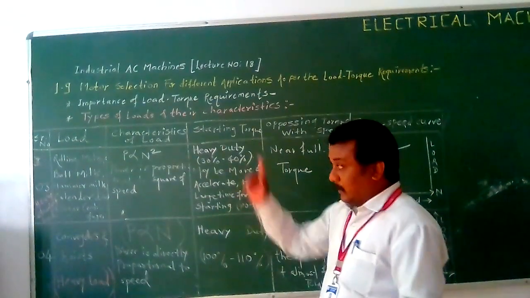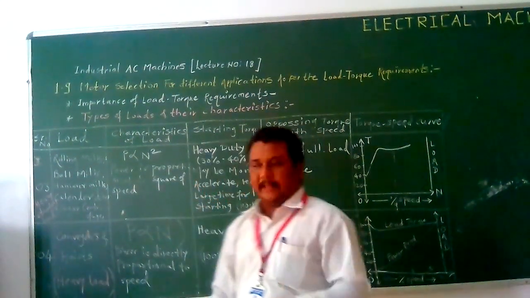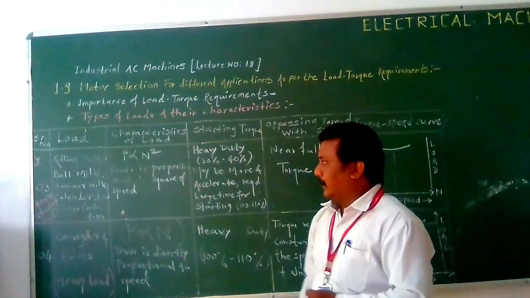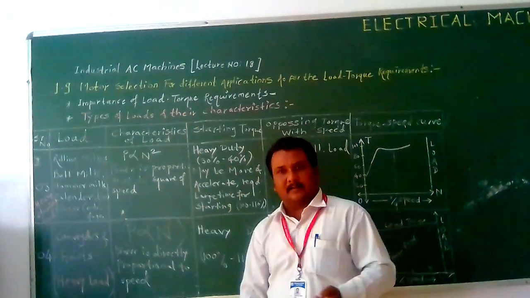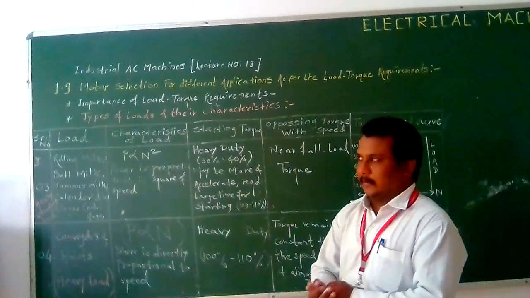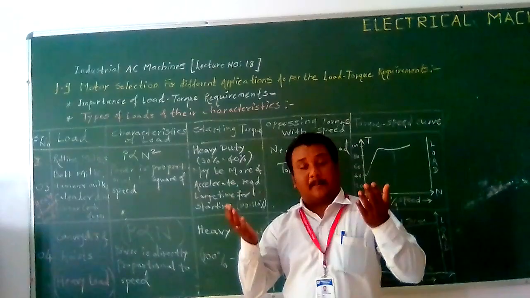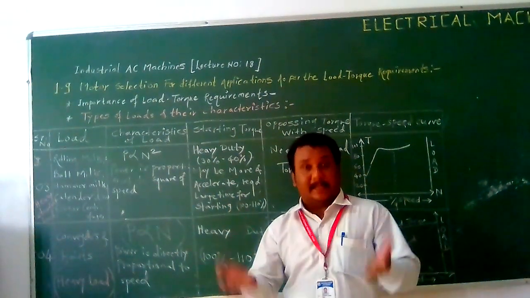Now the third load is heavy starting loads. Which applications? Rolling mills, ball mills, hammer mills, calendar drives, and finally sugar centrifuges. Means a sudden, heavy load is applied during these applications.